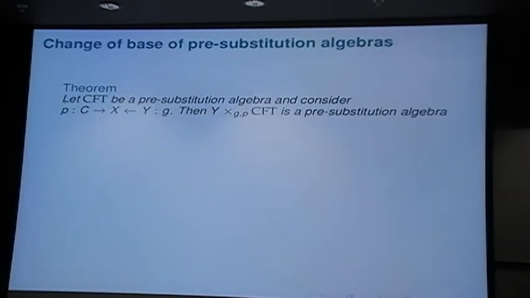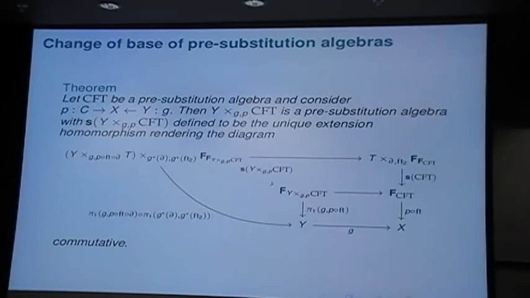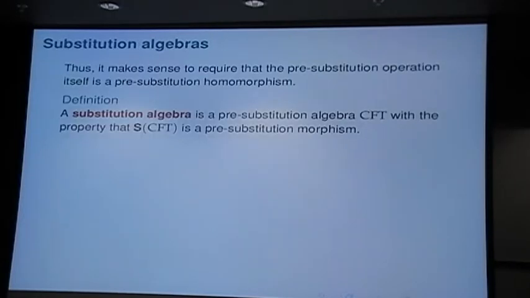It's stable under change of base because you can define it using some complicated pullback diagram. And then, because you have these two properties, it makes sense to require that substitution is a pre-substitution homomorphism, and to do that you get a substitution algebra.